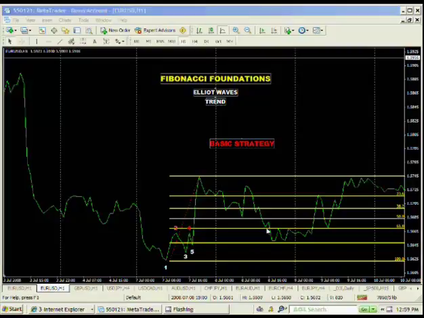So that's a 15 pip spread between 50% and 61.8%. We would divide that 15 in half and come up with an effective buy price of around, instead of 56.85, around 56.80, somewhere in that area, just going off the top of my head. I'm not one of those math geniuses.